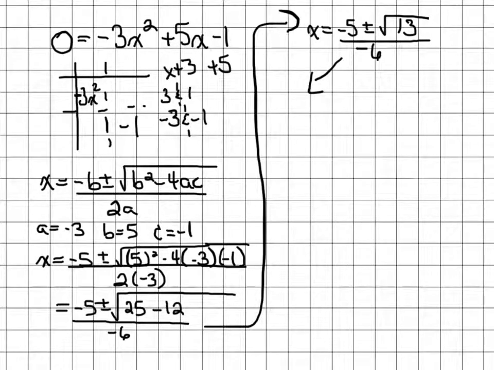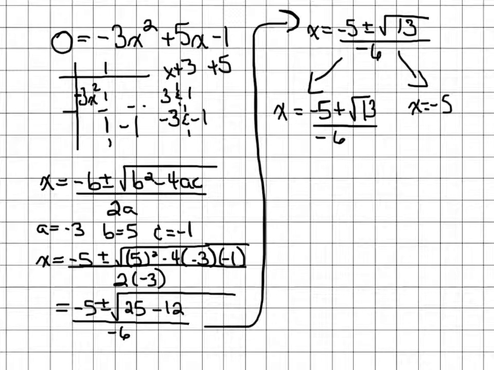So we have two branches: x equals minus 5 plus the root of 13, all divided by minus 6, and x equals minus 5 minus the root of 13, all divided by negative 6.